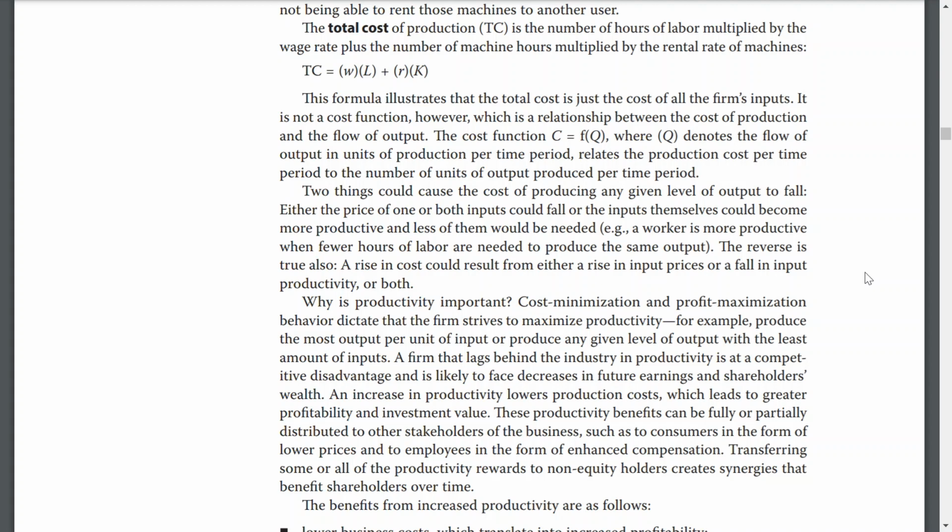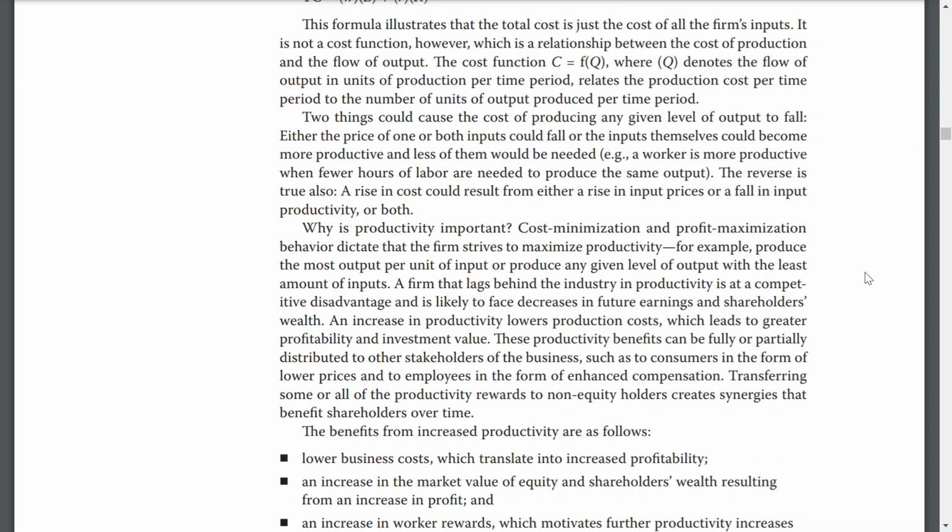Why is productivity important? Cost minimization and profit maximization behavior dictates that the firm strives to maximize productivity, for example, to produce the most output per unit of input, or to produce any given level of output with the least amount of input. A firm that lags behind the industry in productivity is at a competitive disadvantage and is likely to face a decrease in future earnings and shareholders' wealth.